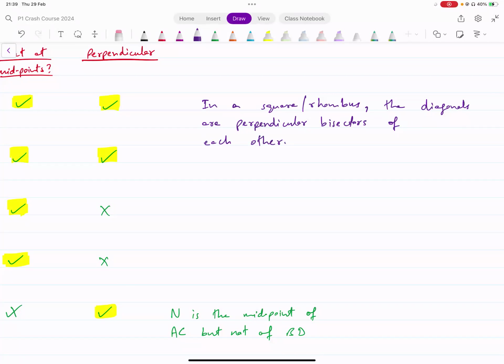So this is important to remember for a square and a rhombus. In a square and in a rhombus, the diagonals are perpendicular bisectors of each other. Okay, so that's what you need to keep in mind.